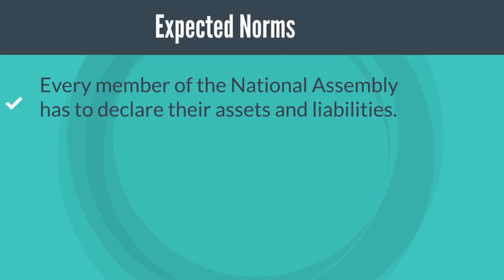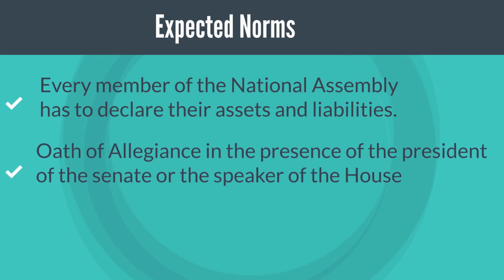They are to do that and also take the oath of allegiance in the presence of the President of the Senate or the Speaker of the House, depending on what house that member belongs to. The President and Speaker in turn are to declare their assets and liabilities and also take the oath of allegiance in the presence of the Clerk of the National Assembly.